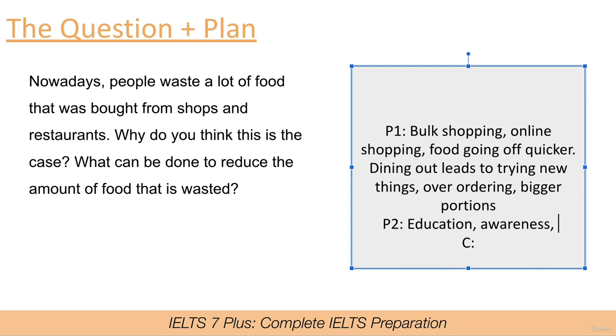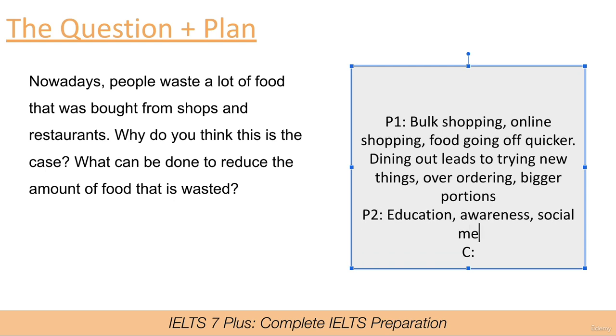The government could be on board with that, showing that how we live is not sustainable, and there are other people suffering with food shortages and famine and things like this. So that could be done. Spread awareness, perhaps through social media as well. That can be tied in there.